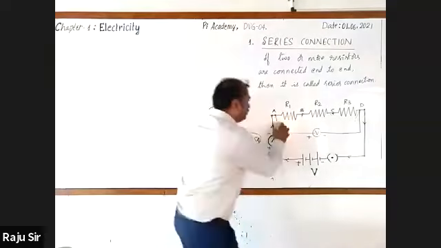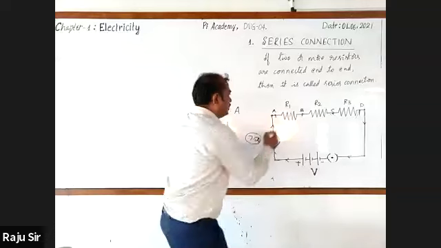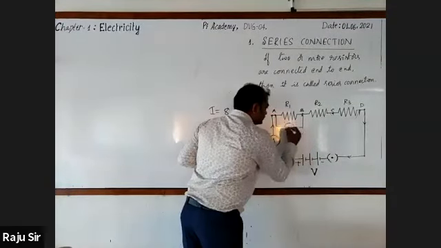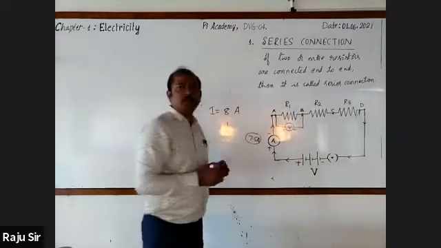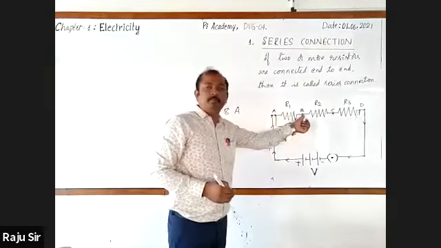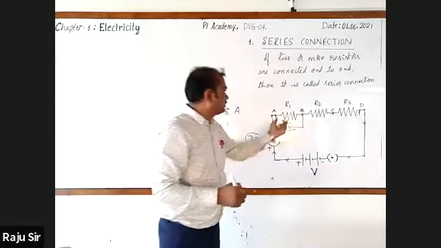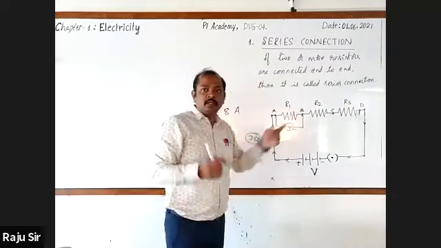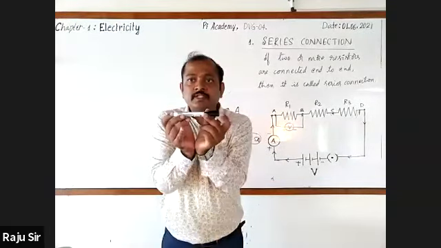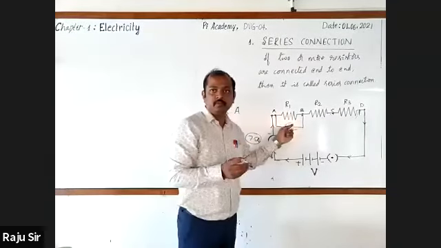Next, as I said, you may connect a voltmeter between A and B like this. See that? By connecting a voltmeter between A and B, you can get the voltage across R1. That is, the potential difference that the R1 resistor maintains at its ends can be known.